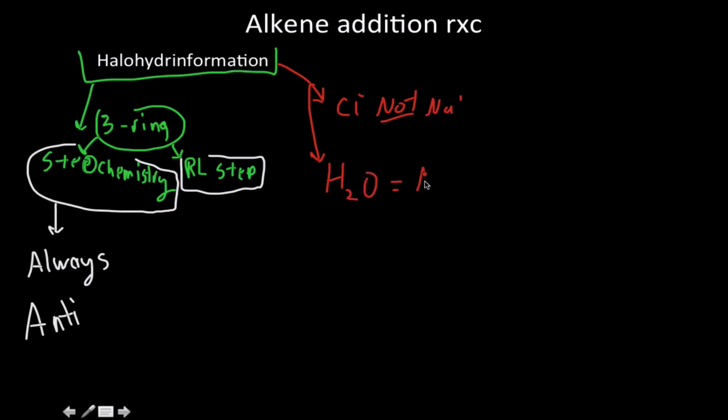H2O equals our nucleophile because it's in such a high concentration. And that's so weird to me because, switching to blue, it's going to do a nucleophilic attack. And this is really kind of confusing here. I'll just say H2O attacks. It's a nucleophile.